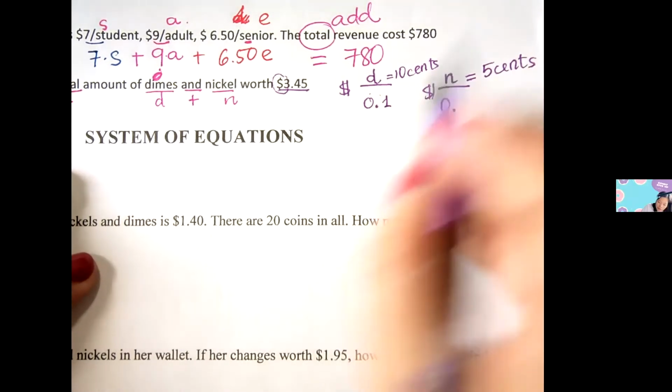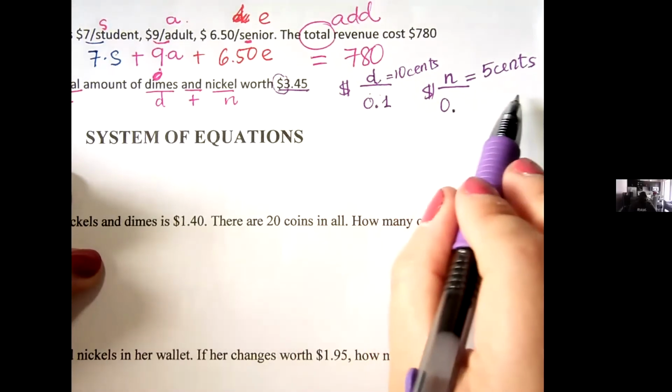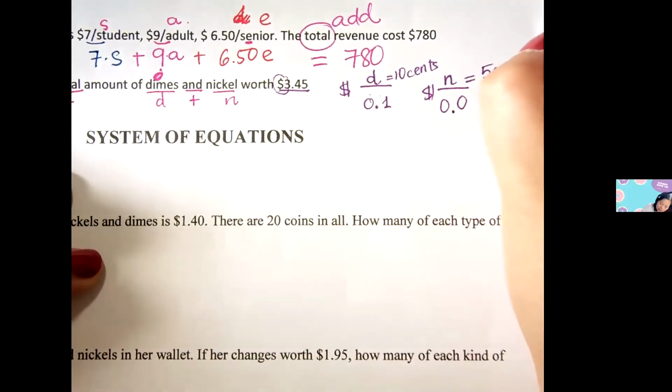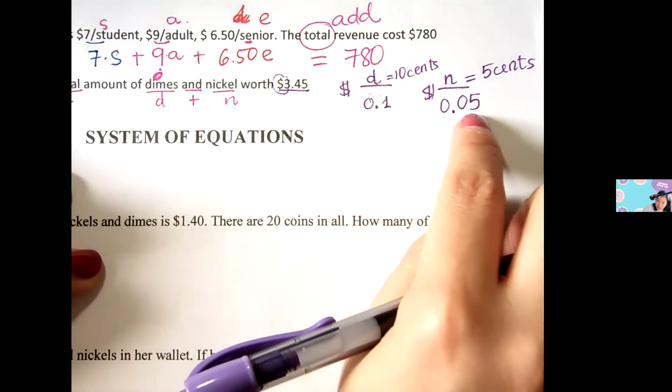If you say 0.5, then it's worth more than the dime, right? So nickel is 0.05. So nickel is half the value of a dime. So you're going to have $0.05 for that one.